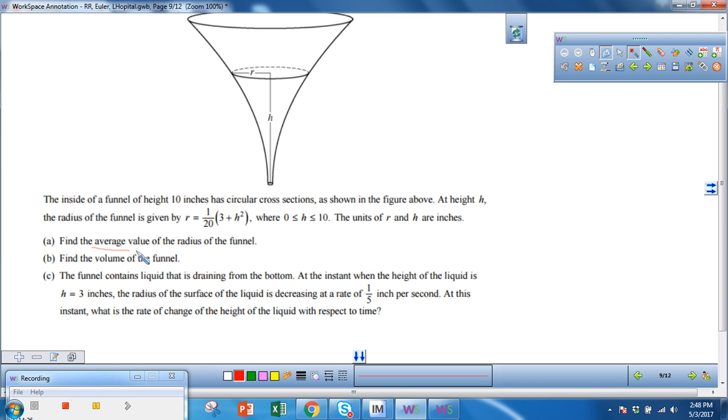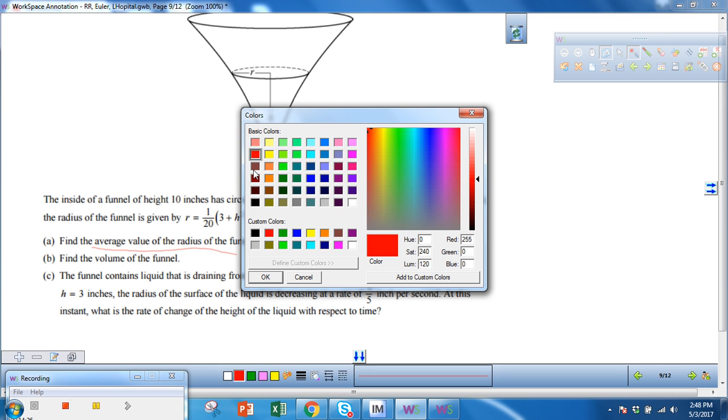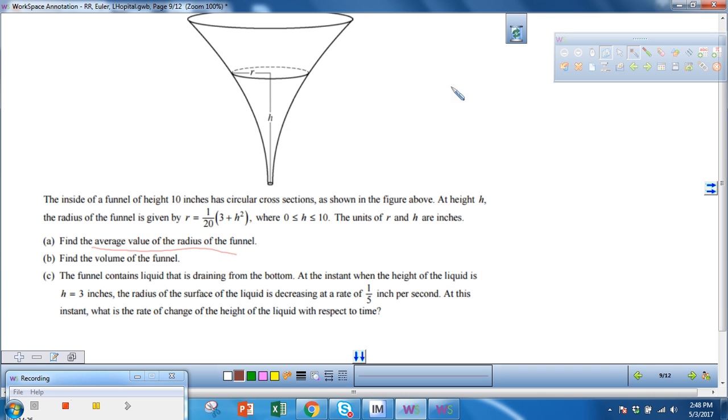So the first thing they ask you to do is to find the average value. Now, no offense, but if you can't find the average value at this point, you probably shouldn't be taking the exam. The average value is simply 1 over b minus a times the integral from a to b of f of x.